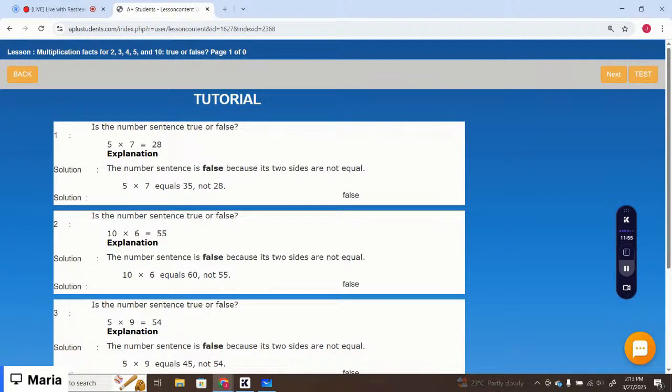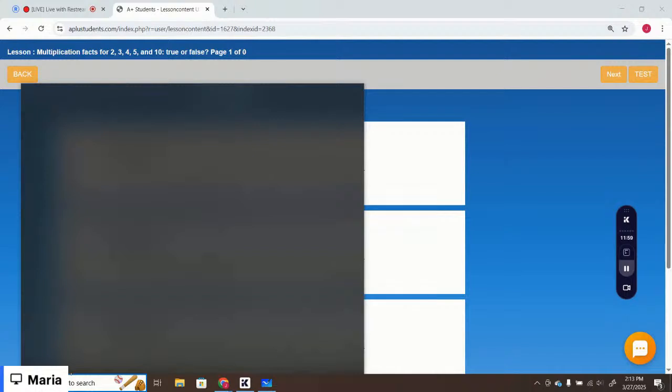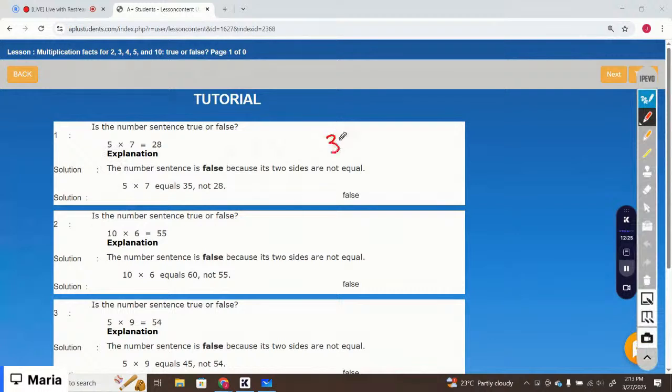If both sides are not equal, then the given sentence is false. You have 5 times 7. 5 times 7 is 35. 35 is not equal to 28, right? So false it is.